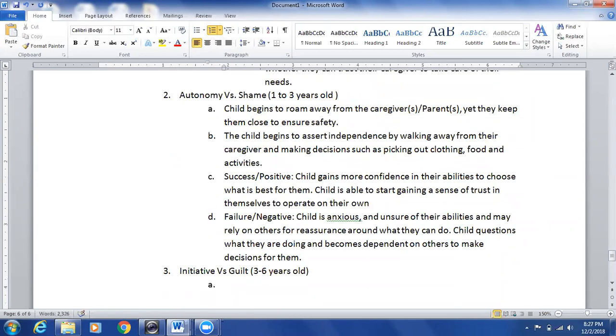And in this stage, a child begins to plan activities for themselves and will begin to share and play with other children.